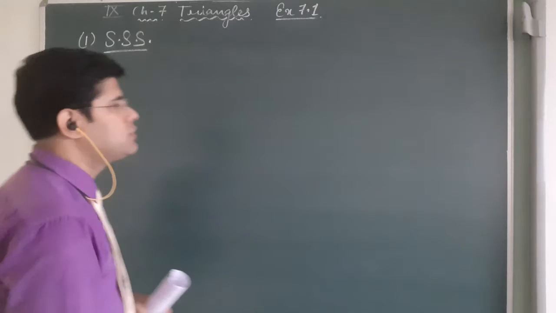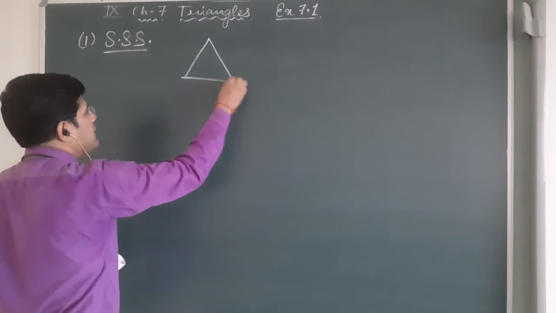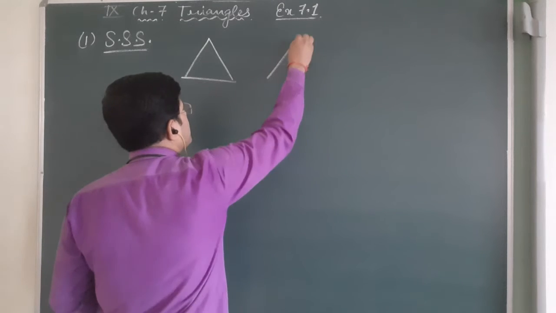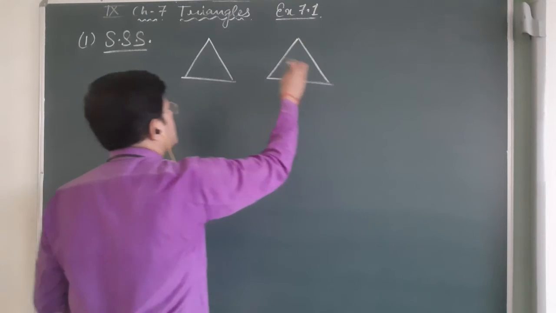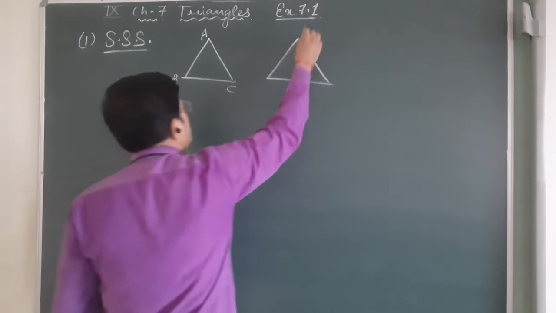Okay students, here I am explaining this SSS rule with the help of an example. This is triangle ABC and this is triangle PQR.